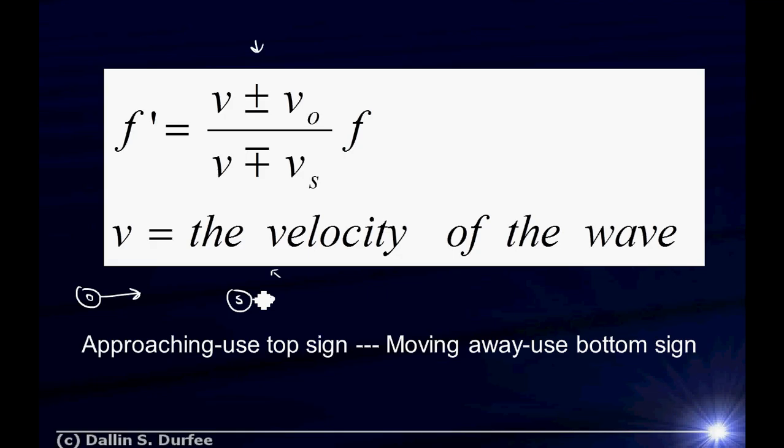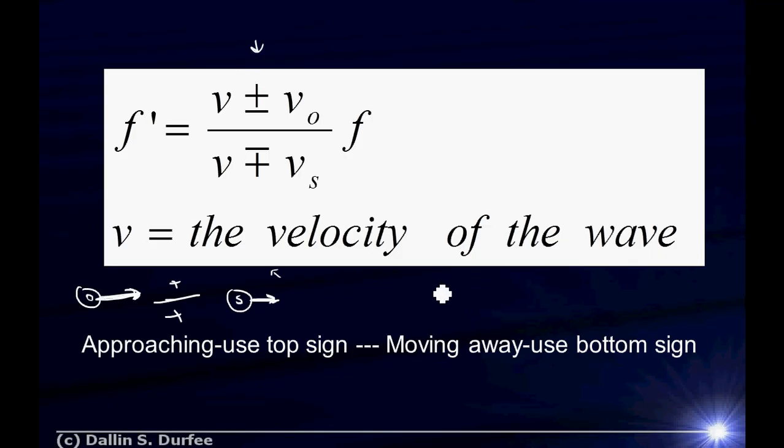The numerator only has to do with the observer, and the denominator only has to do with the source. So in this case, you would use the plus sign on the top and the plus sign on the bottom, because the observer is approaching the source, but the source is running from the observer.